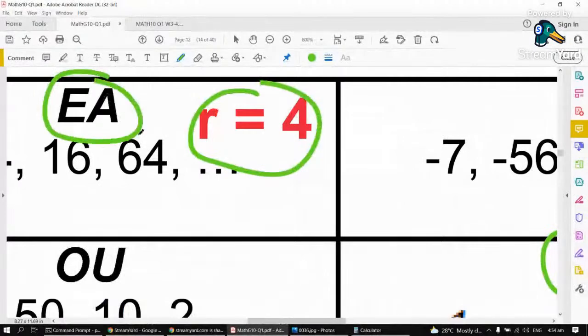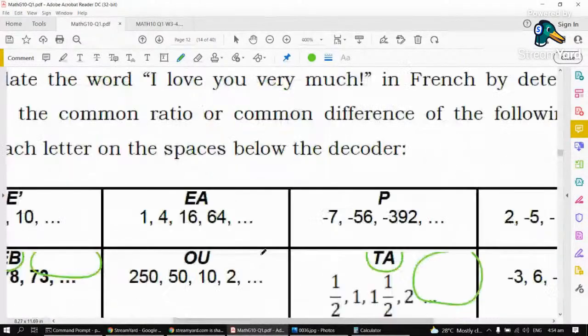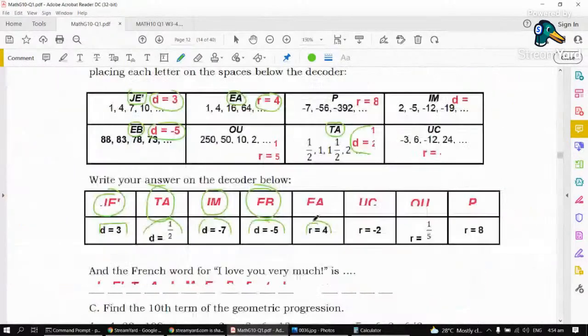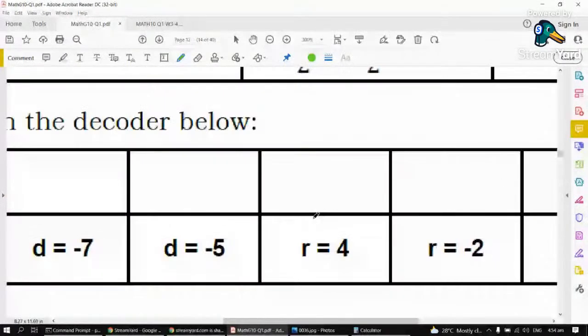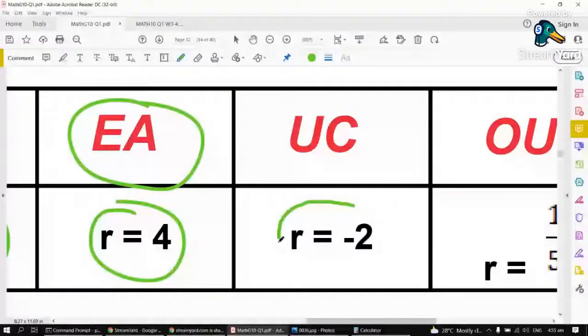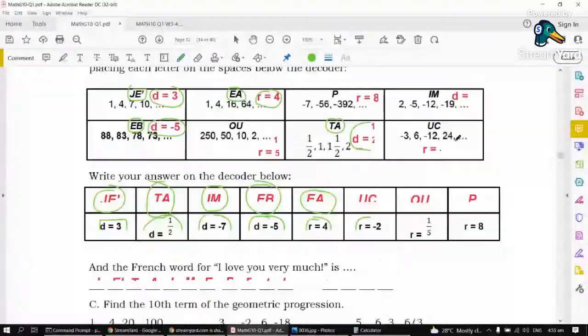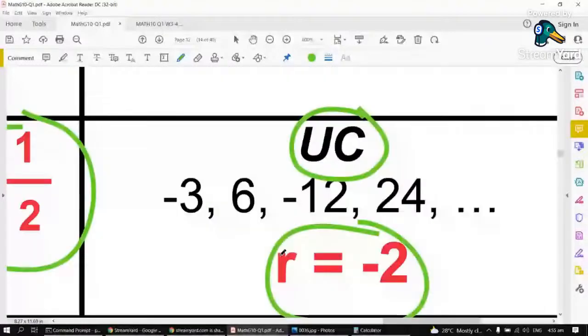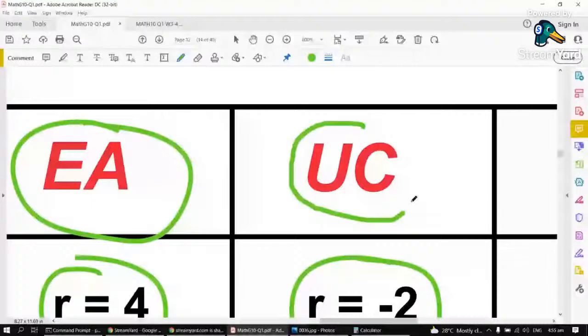Ang letter dun is EA. Yan, EA. Next, common ratio is negative 2. Common ratio is negative 2. Meron tayong UC.